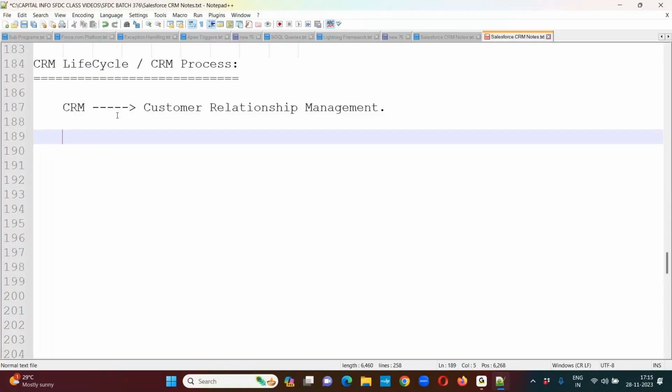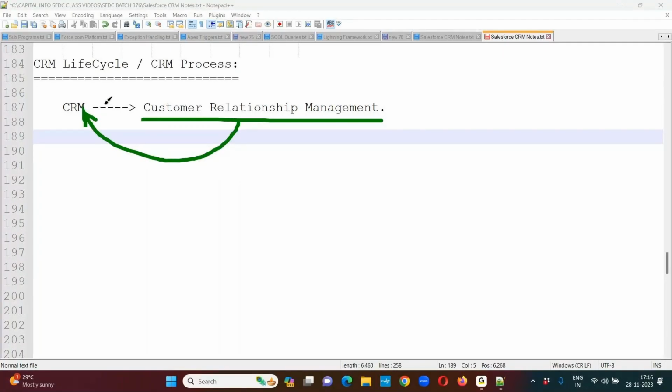Customer Relationship Management is nothing but a software, an application, or a tool which contains a collection of features which we can use to automate all our customers' data at one place. So in order to store our existing customers' data and the new customers' data at one place, we use an application called the Customer Relationship Management application. In short form, we call it CRM. Simply, we can call it CRM applications.